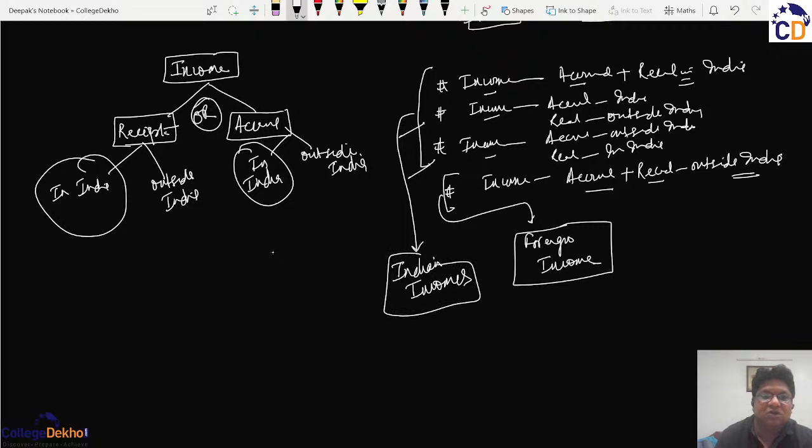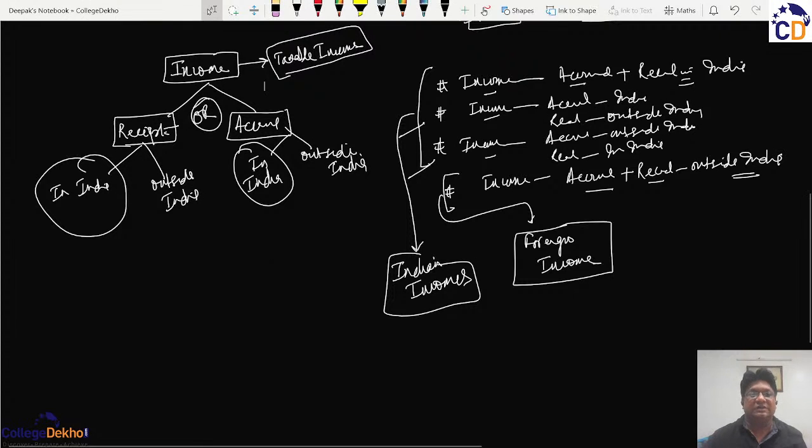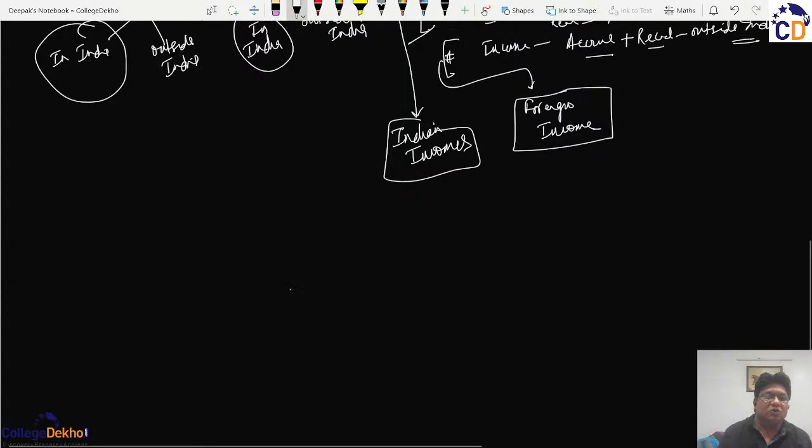This is subject to the clause that whatever income we are discussing is a taxable income, because if it is an income exempt under section 10, then there is no taxation and no point in discussing its taxability. So once, as per the provisions of section 5, we are able to identify the place of accrual and receipt of the income, and based on that we can determine whether it is income accrued or received in India or outside, we can simply say whether it's an Indian income or foreign income.